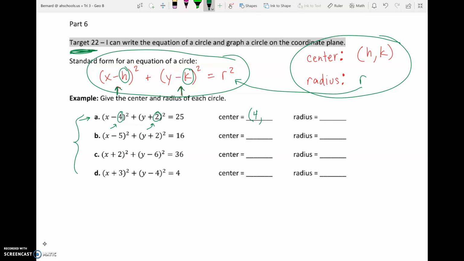And we see a plus 2 in the y, and so our center is minus 2 for the y value. Again, it's essentially opposite of what we see in each of those sets of parentheses. And then our radius, remember, deals with the number that it equals, but it equals r squared. And so if we want a radius, we square root that number. So we square root 25, which means our radius is 5.